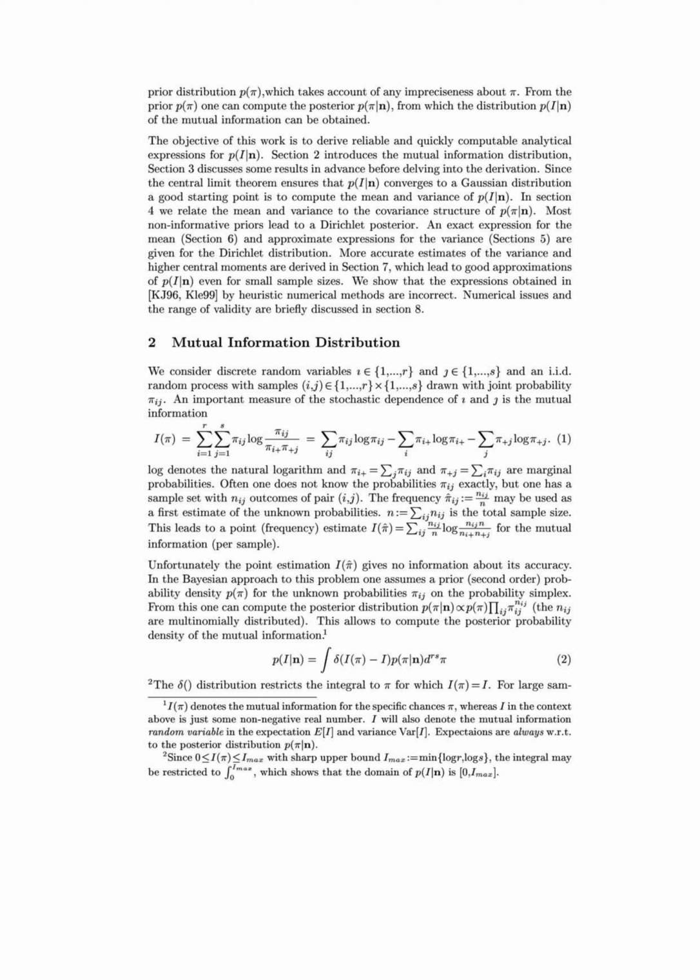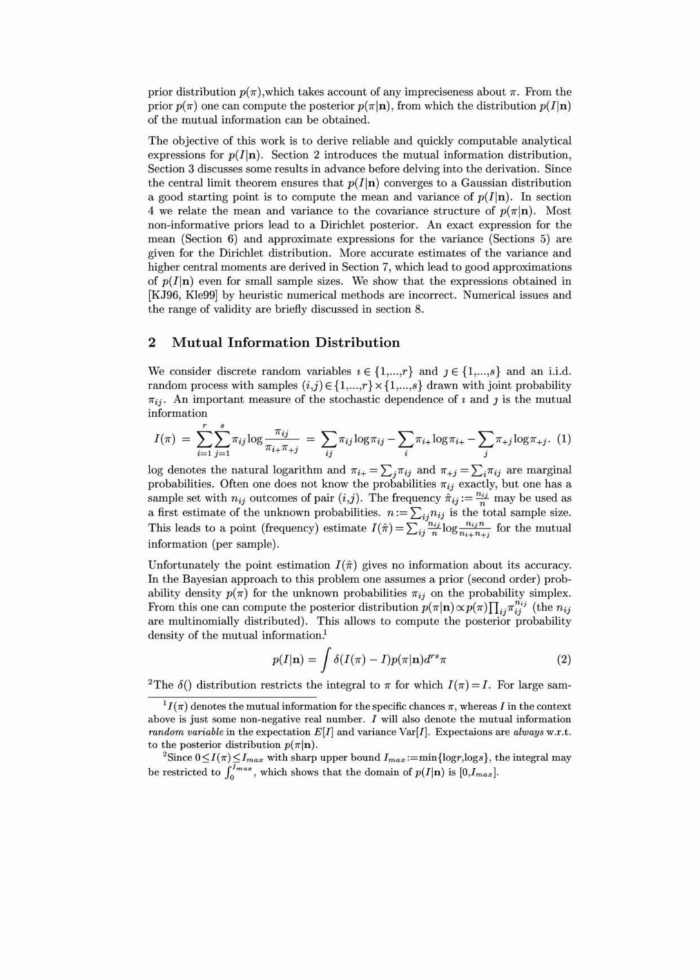Often one does not know the probabilities π_ij exactly, but one has a sample set with n_ij outcomes of pair ij. The frequency n_ij/n may be used as a first estimate of the unknown probabilities. n = Σ_ij n_ij is the total sample size. This leads to a point frequency estimate I = Σ_ij (n_ij/n) log(n_ij n / n_i+ n_+j) for the mutual information per sample. Unfortunately, the point estimate I(π̂) gives no information about its accuracy.